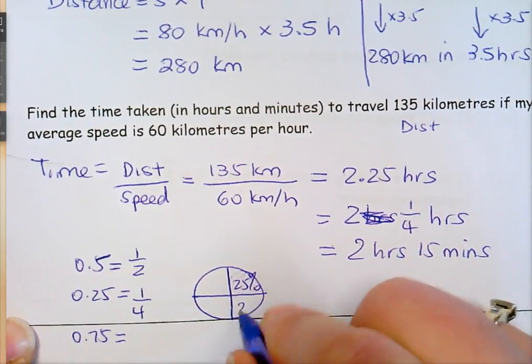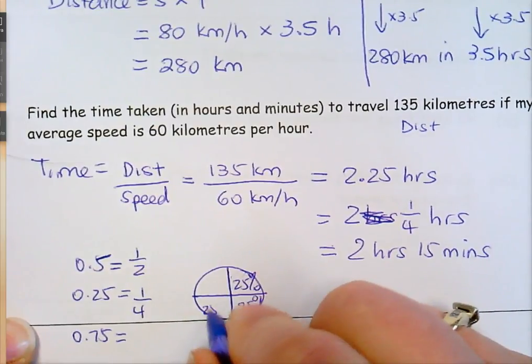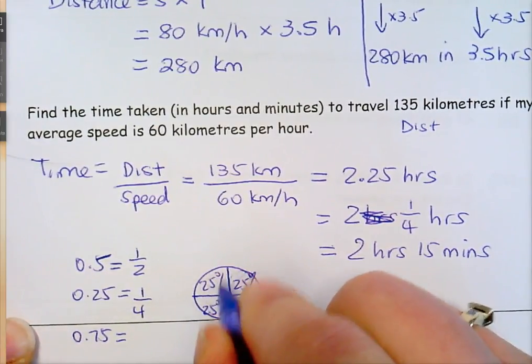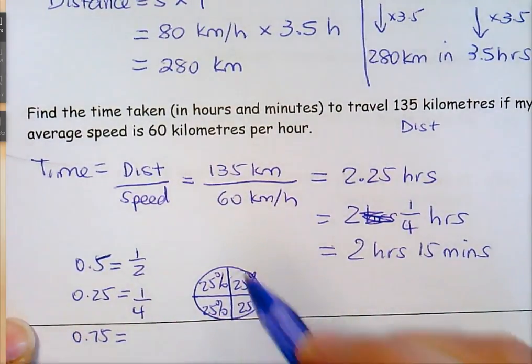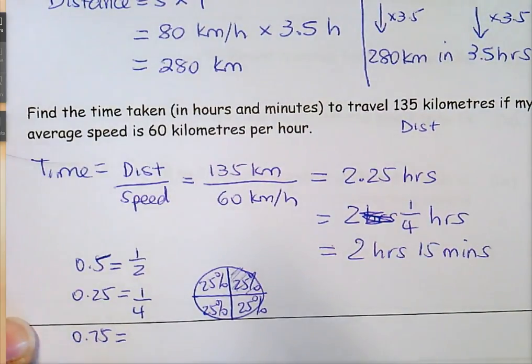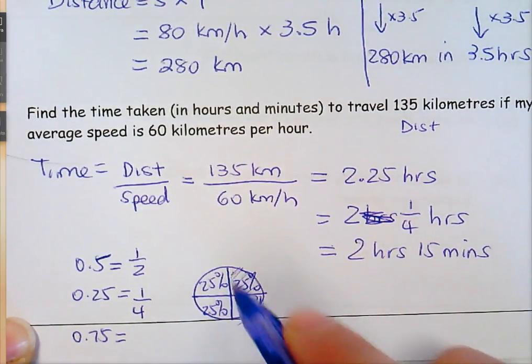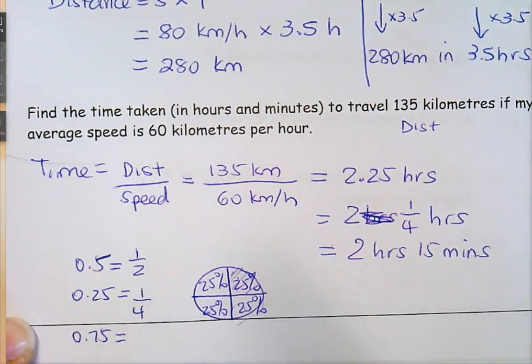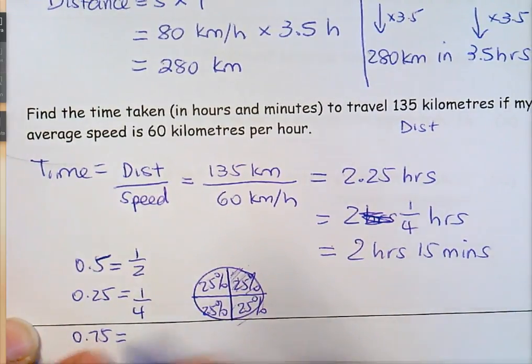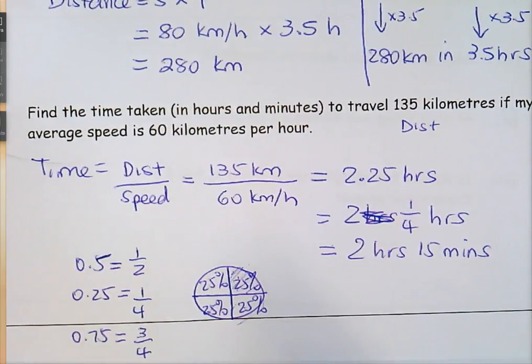Girls, 25%, 25%, 25%, 25%. A quarter is 25%. A half is 50. 3/4, you know how to shade 3/4. That's 75%. Okay, now 75% is 0.75.